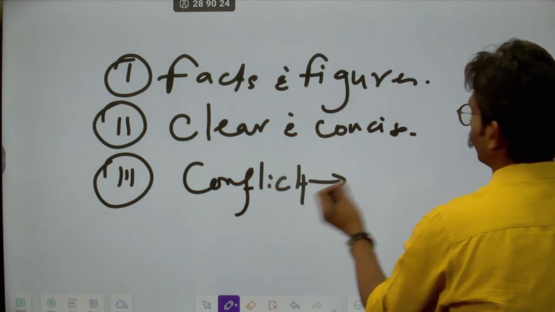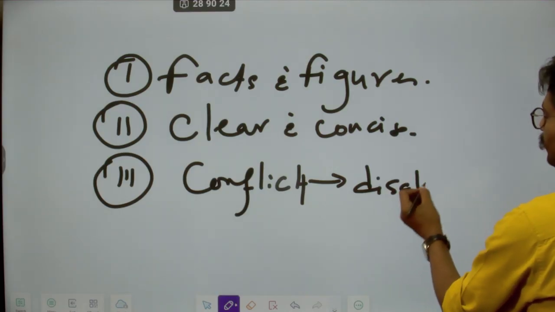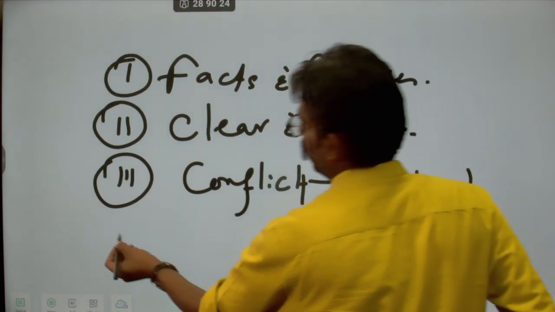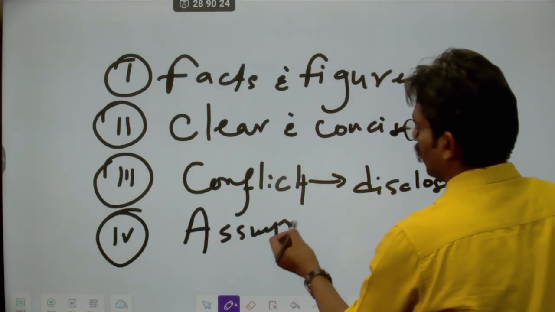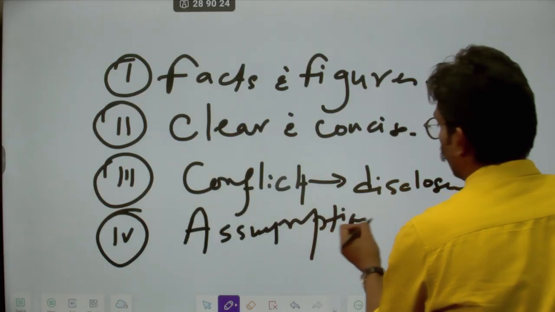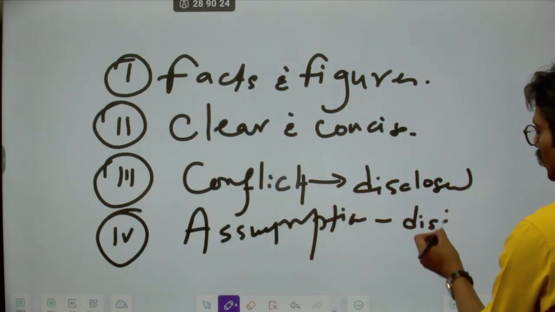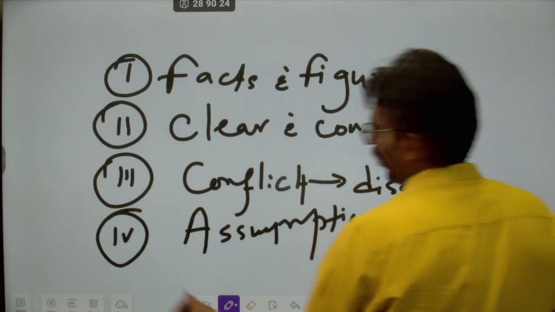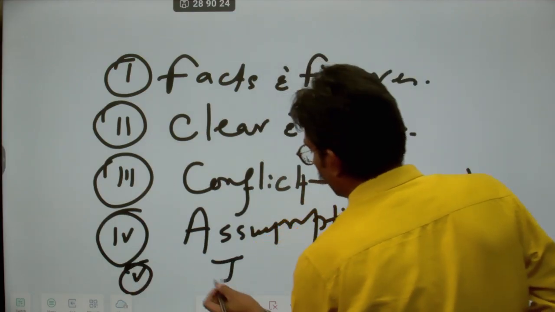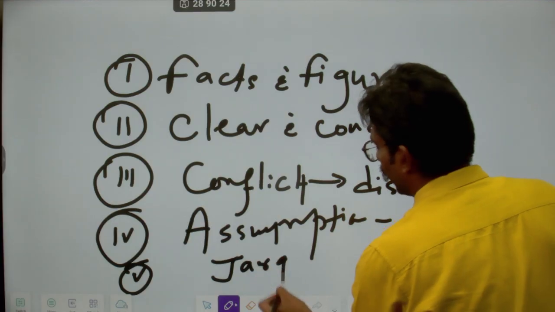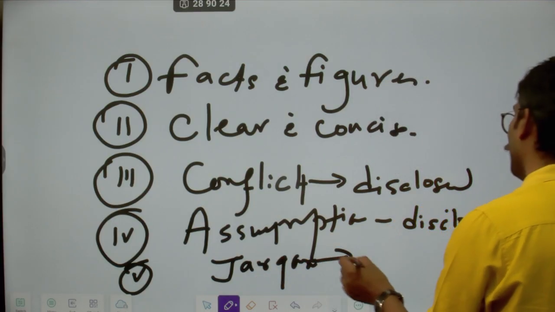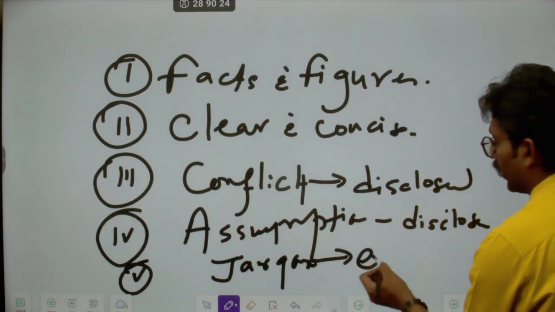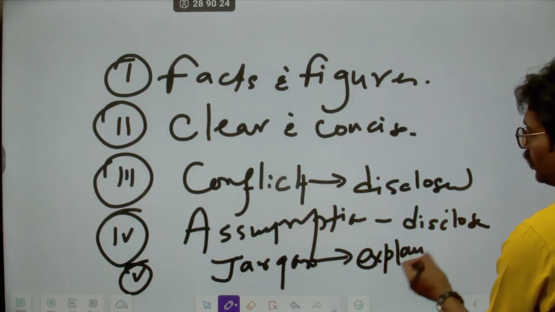All assumptions should be disclosed. Jargons are usually avoided, but in case you have used any jargons or abbreviations, explain them. Maybe you can have an annexure.